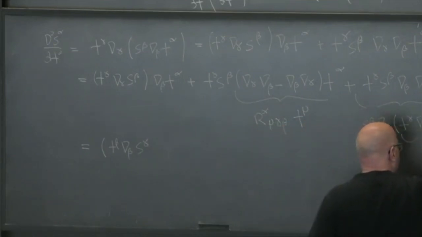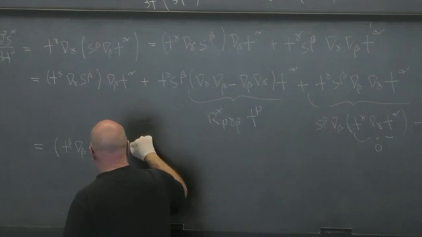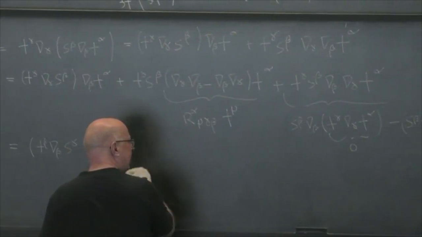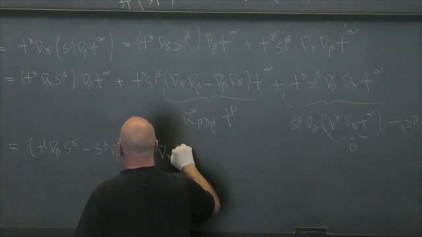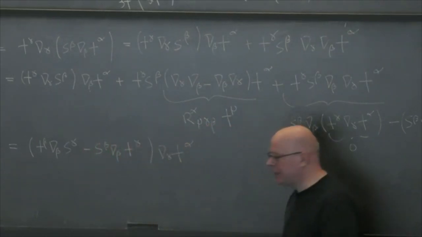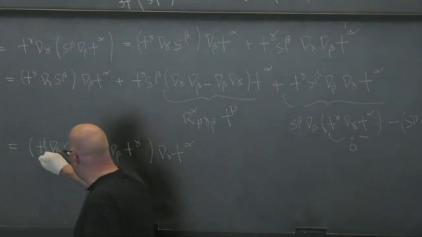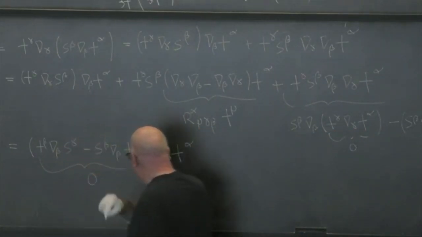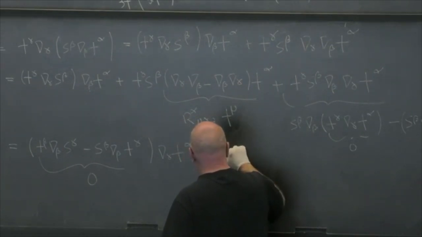And over here, I leave this alone, and I have s beta, covariant derivative beta t gamma. And now those two terms multiply a common t alpha covariant derivative with respect to index gamma. And that's precisely the Lie identity we had before. So that's zero, that goes away, and what remains is the Riemann tensor term.